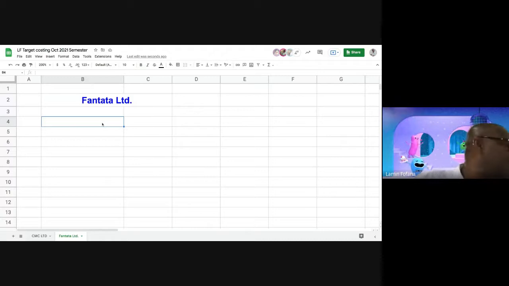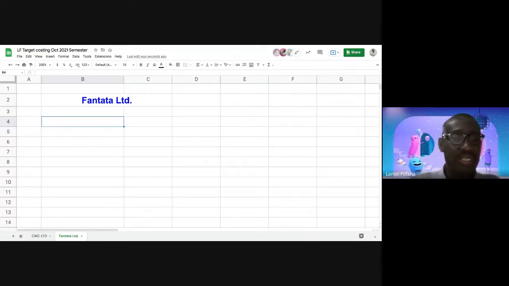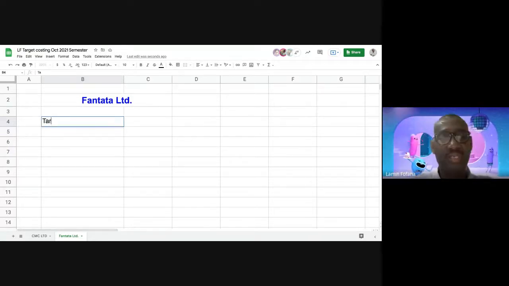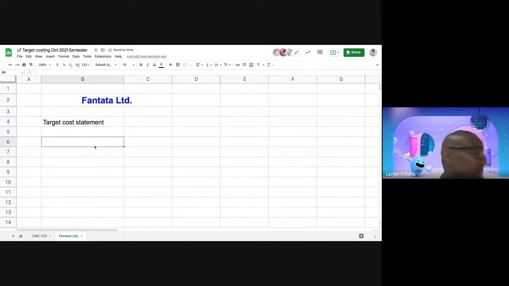What's going to be the name of the statement? We're going to say target cost statement, just like we have on this one. I could copy it from there, but I've started typing already. So we call it target costing statement.